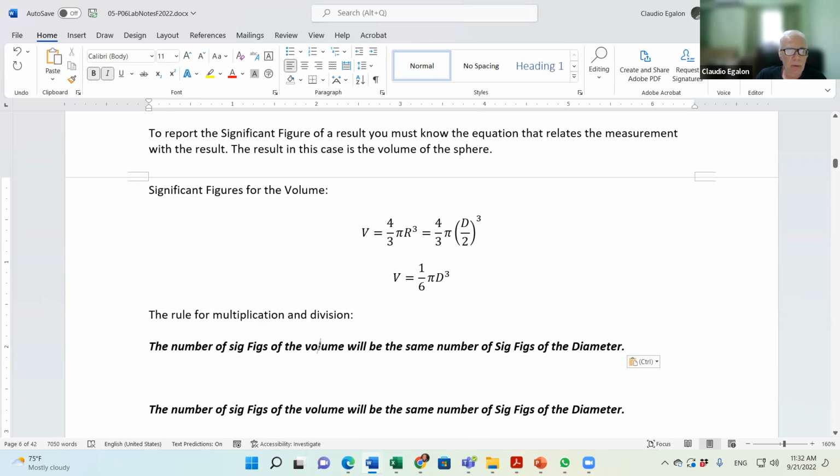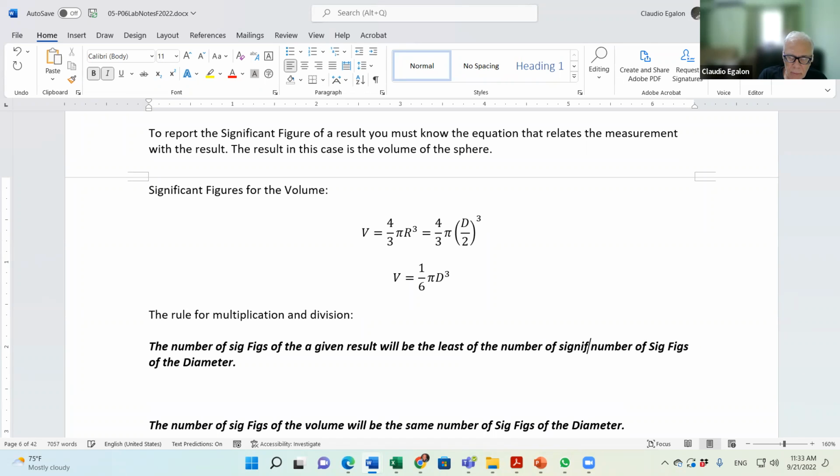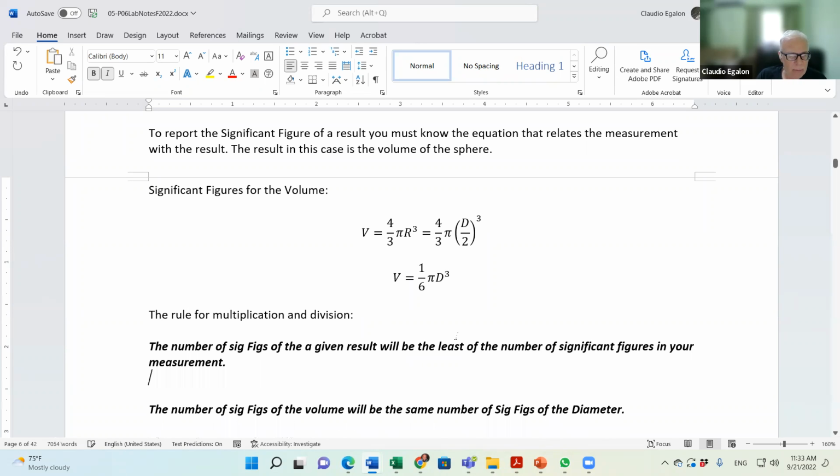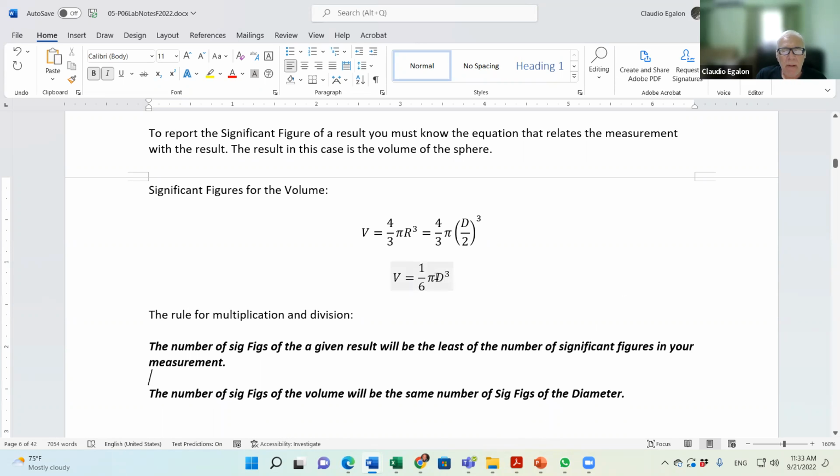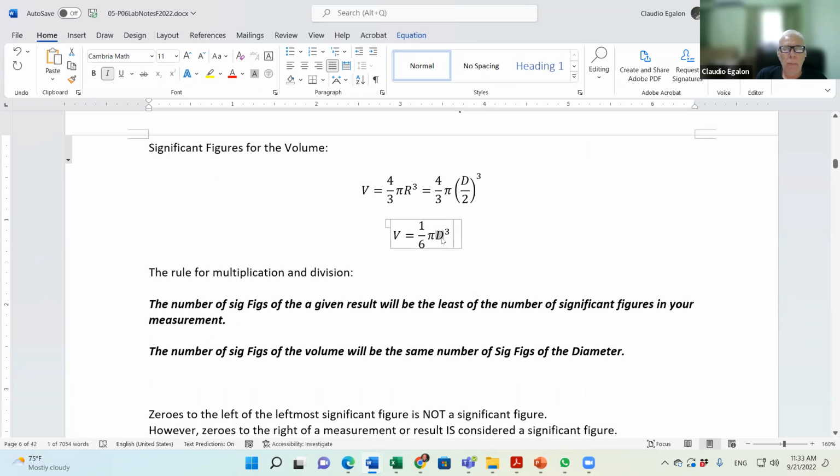The number of significant figures of a given result will be the least number of significant figures in your measurements. In the case of the volume, it depends only on the diameter of the sphere, so there is no other measurement involved. So you have to report the number of significant figures of your diameter.